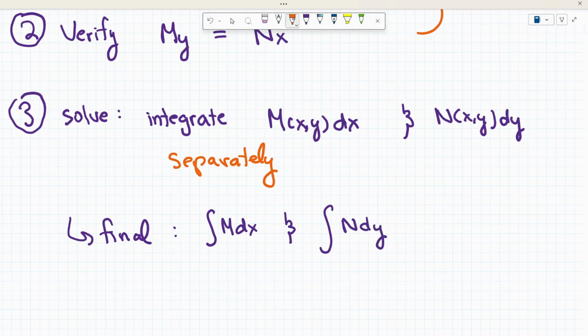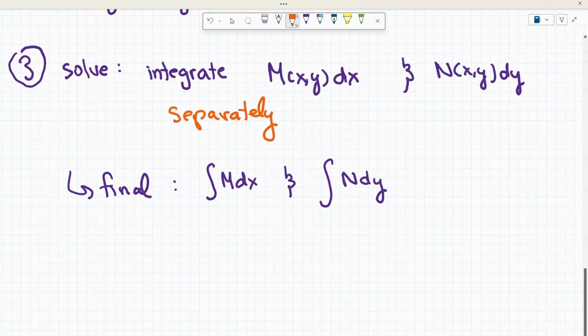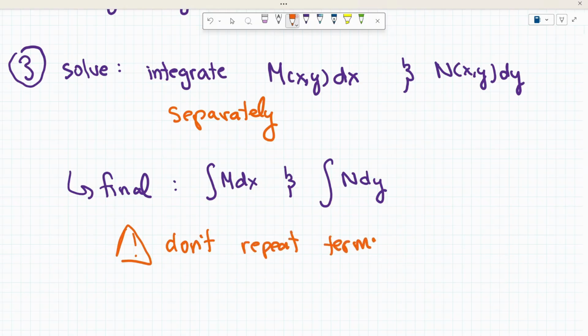But the main thing to note is that you should not repeat terms. So if both of your integrals give you the output of x, for example, do not write x twice. You only write repeated terms once, and then any other terms that are unique to your M and N functions.